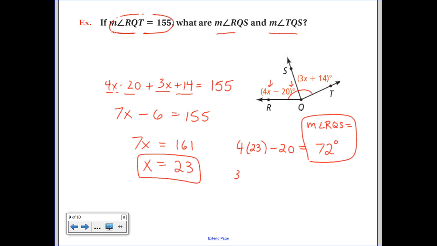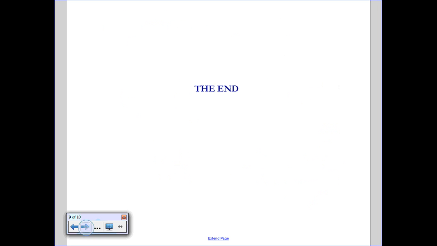And then 3 times 23 plus 14. 3 times 23 is going to be 69, plus 14 is 83. And this was the measure of angle TQS. And you can check your work by adding those two together, and sure enough, that does equal 155. And that is all.